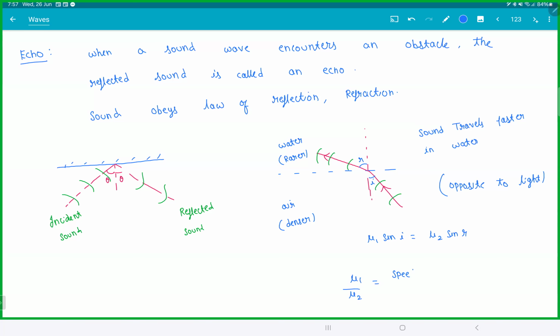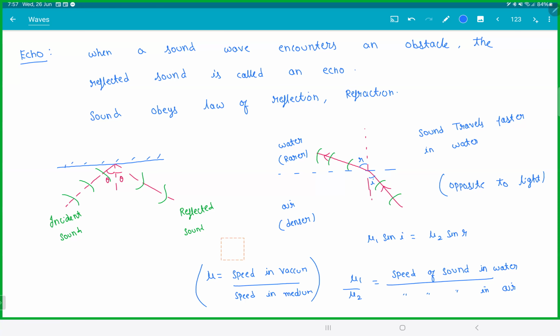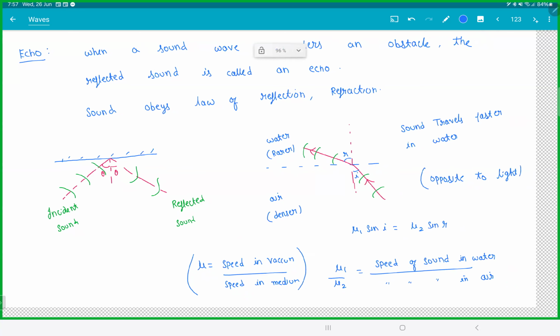So this is the speed of sound in water by speed of sound in air, because if you remember, refractive index is defined as speed in vacuum by speed in medium. So mu is proportional to 1 by speed in medium. It will be inversely proportional.